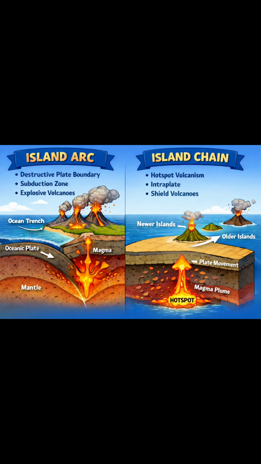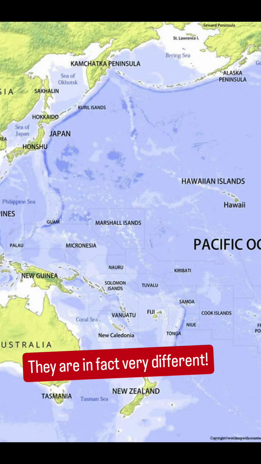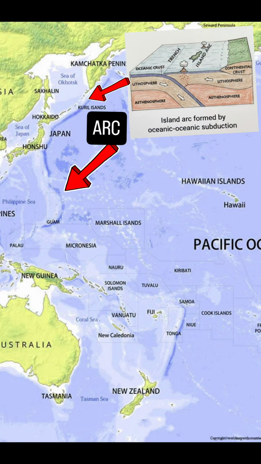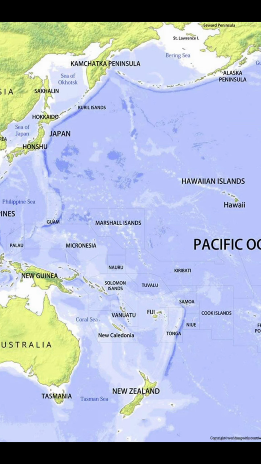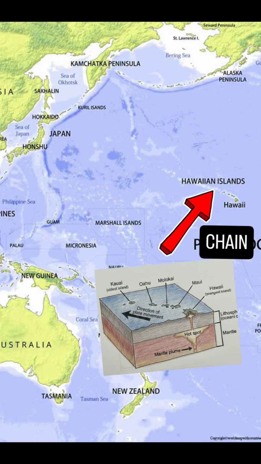This creates shield volcanoes, which get older the further you move away from the stationary hotspot. Now you won't mix them up. They might look similar on a map, but an island arc, such as the Kuril Islands, is very different from an island chain, such as Hawaii.